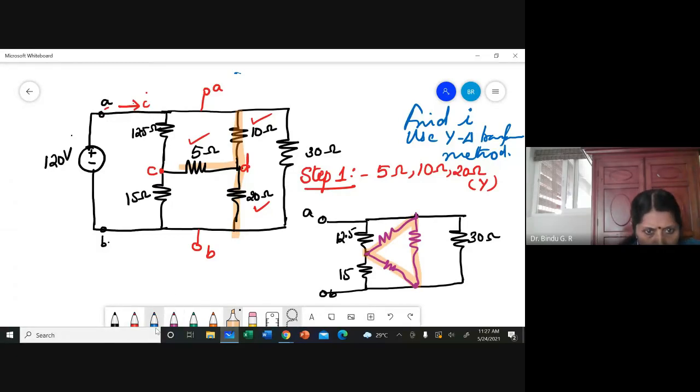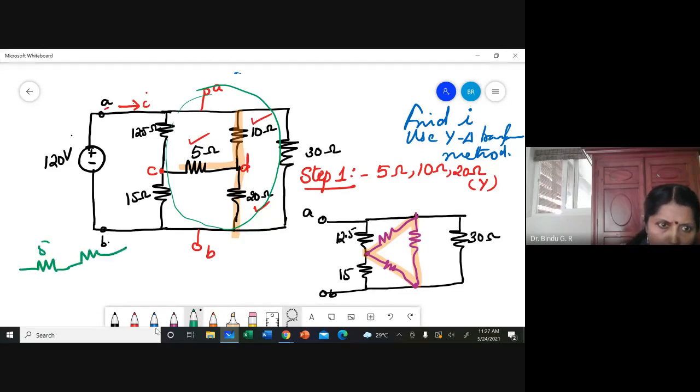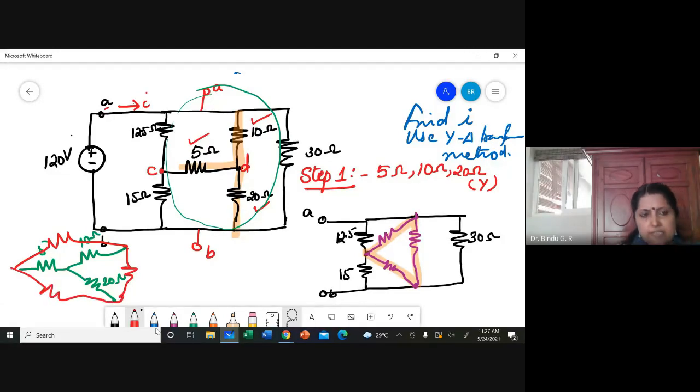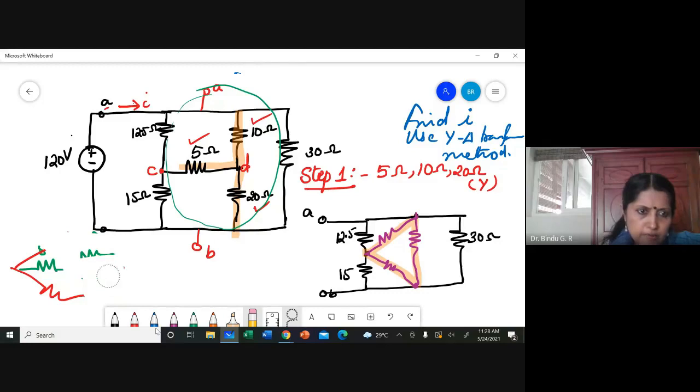That is for making it a little easier to understand. I am drawing this part alone, redrawing it here. That is, you are having a 5 ohm, a 10 ohm and a 20 ohm, which is to be replaced by this, this and this. This is your delta. Maybe I have to draw it a little more clearly.